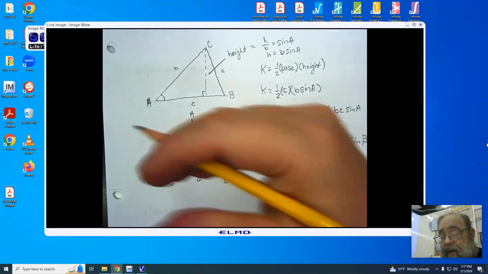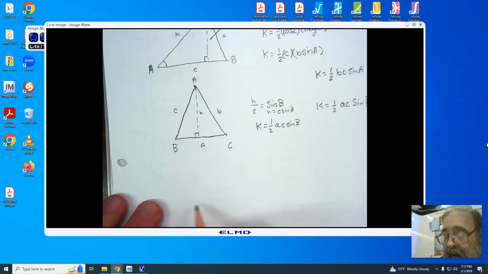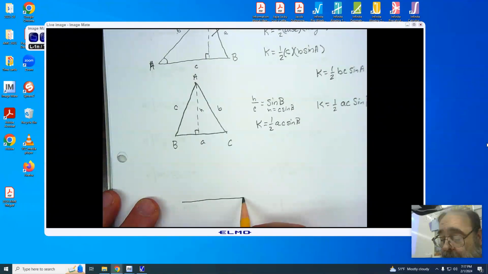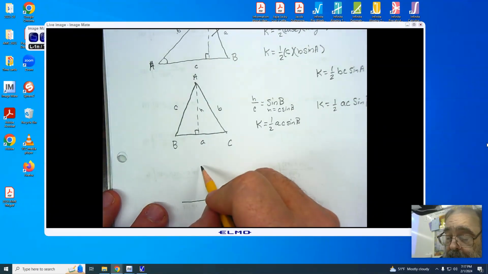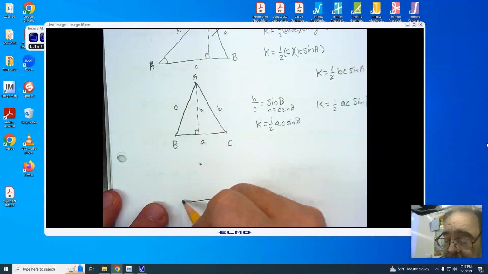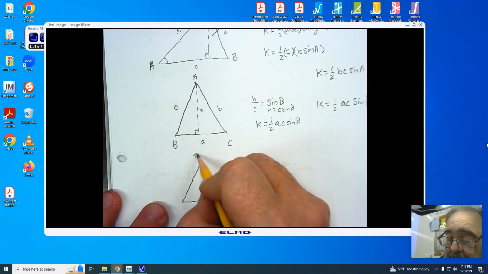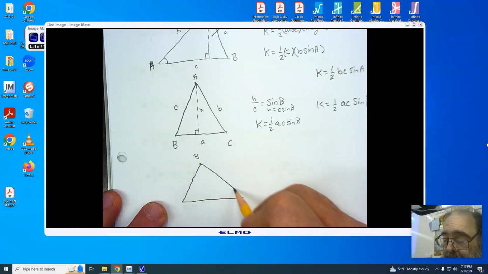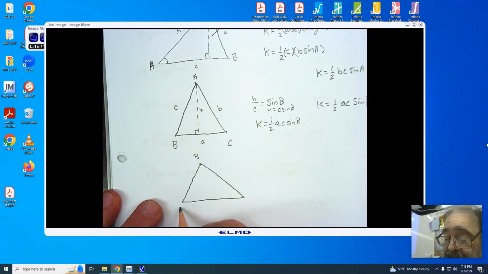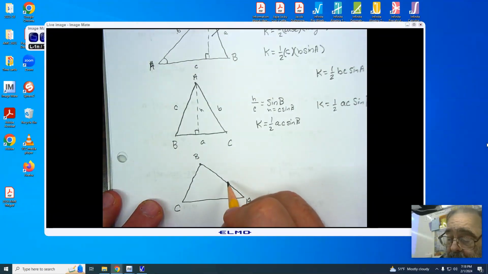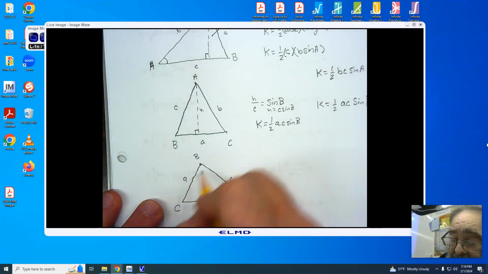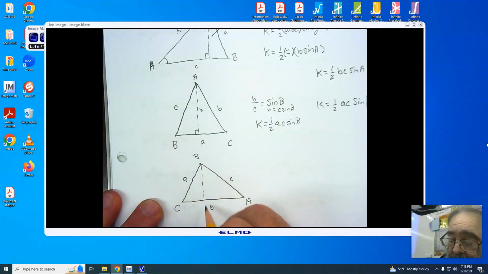Let's flip it one more time, that way we can truly test it. B is now up here, and we're looking at C and A. Here's side C, here's side B, here's side A. Our altitude goes like that, also known as our height.